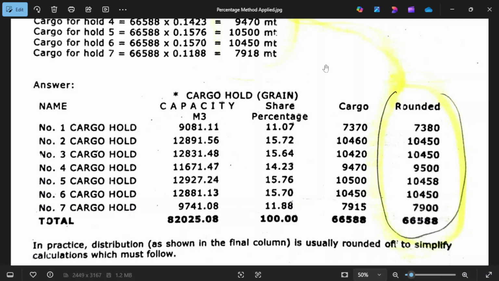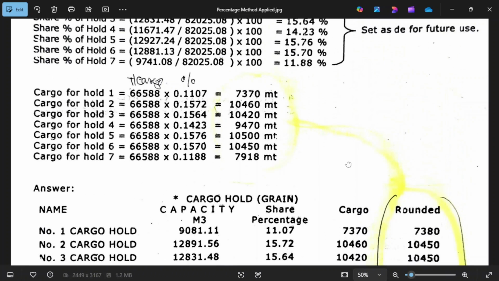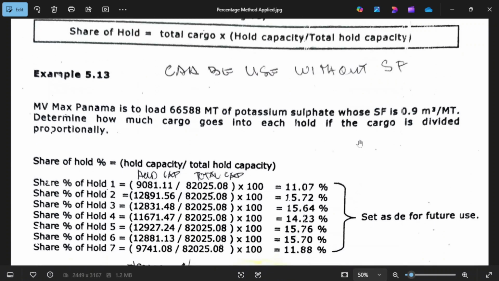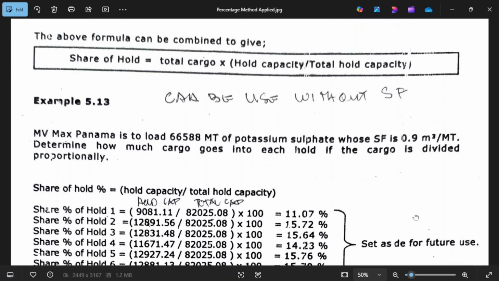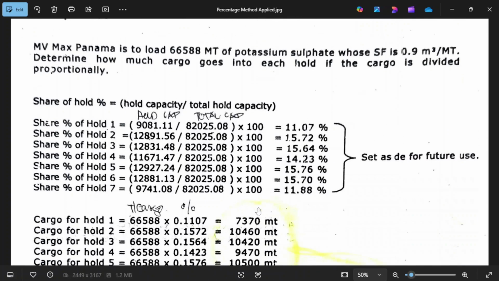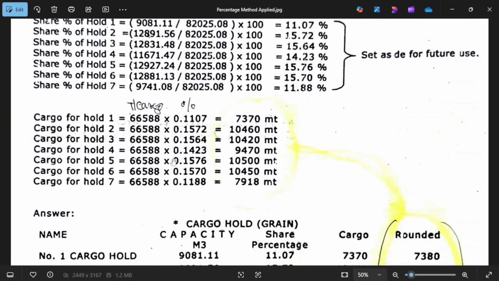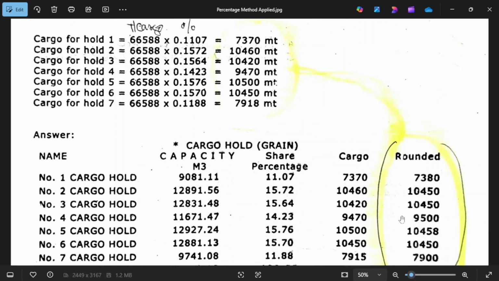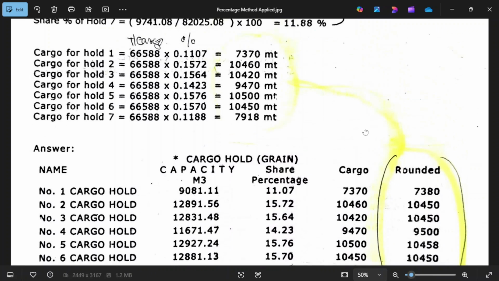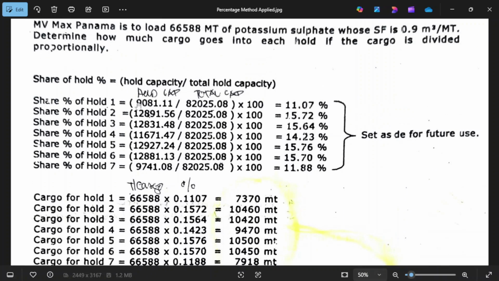Okay, again, using this formula or procedure, you're not obliged to use the stowage factor, but you will still get the amount value of 66,588 by using the percentage. By using this formula, you will have the value of the cargo of 66,588. This is constant, guys.